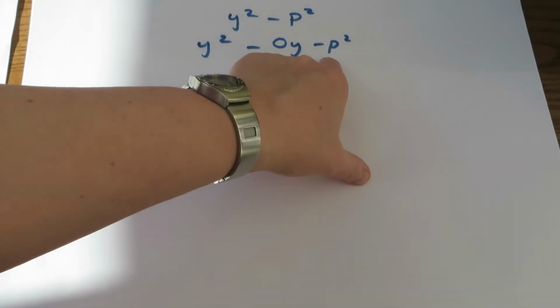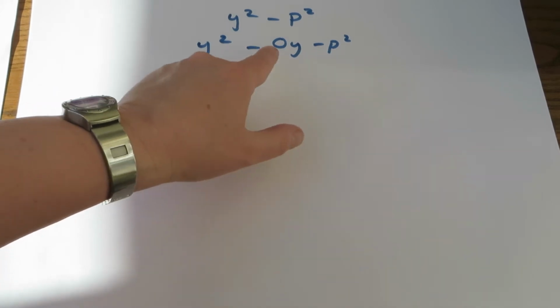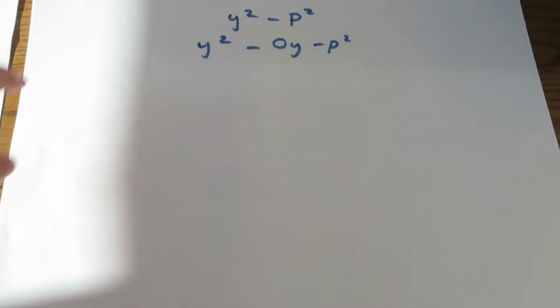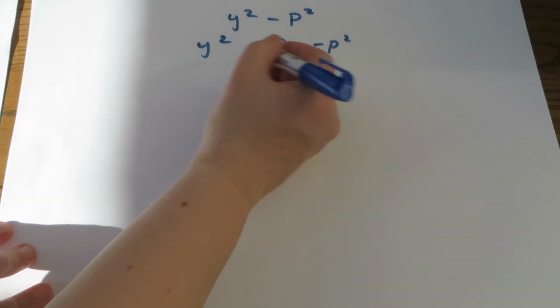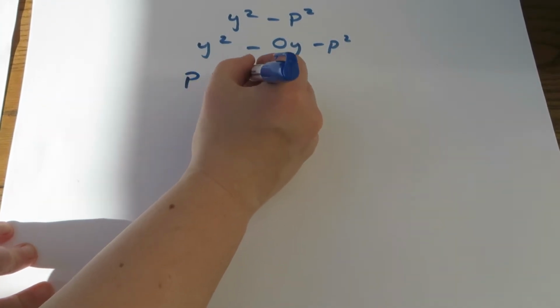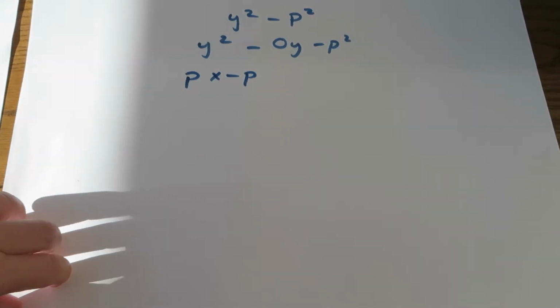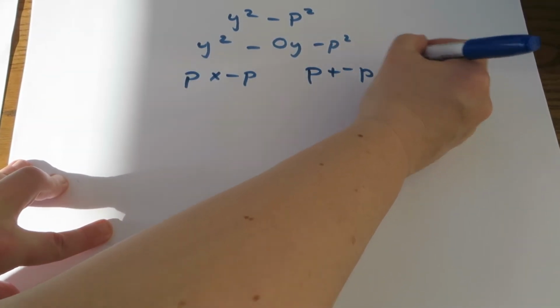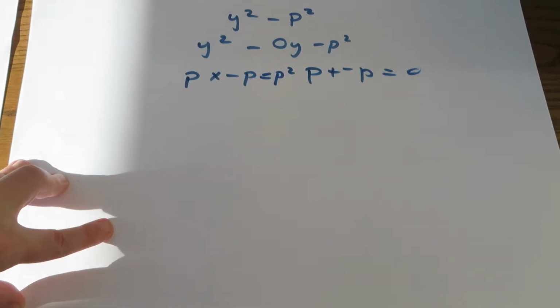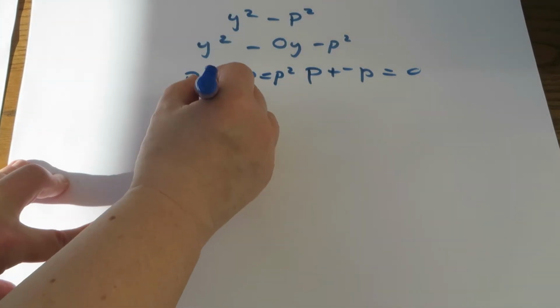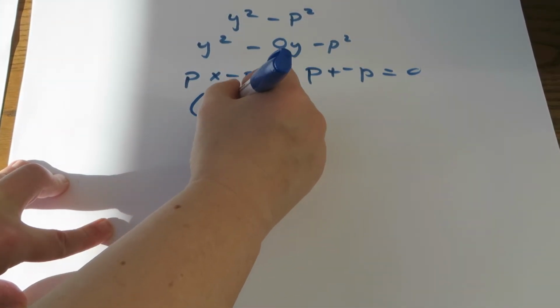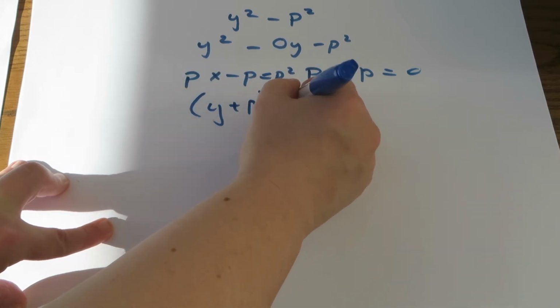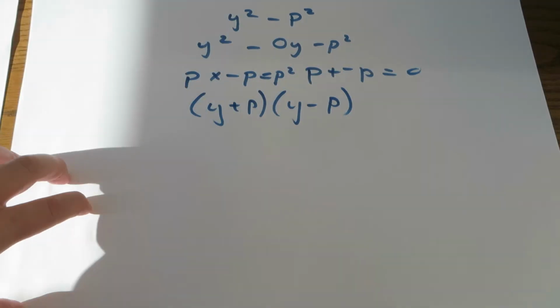So we're looking for 2 numbers that give us a product of minus p squared and a sum of no y's. So we've got p times minus p, that will give us minus p squared, and p plus minus p will give us 0. So there we have our 2 numbers. When we factorise this, we'll end up with y plus p, y minus p.